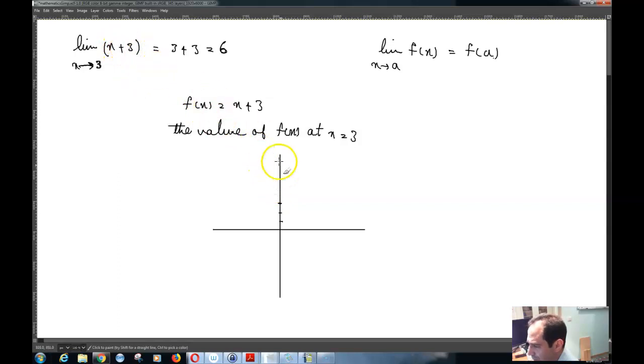So this is the function f of x is equal to x plus 3. Now the value of this function at x is equal to 3 is basically this point over here, which is the point (3, 6).